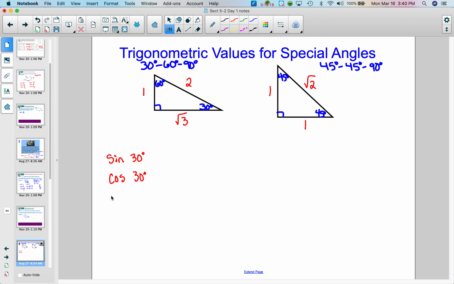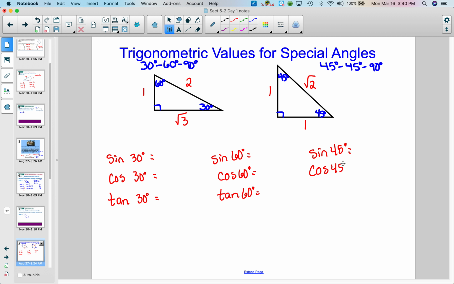I'm just going to do these main 3. And then we're going to have sine 60 degrees, cosine 60 degrees, and tangent 60 degrees. And then we'll have sine 45 degrees, cosine 45 degrees, and tangent 45 degrees.